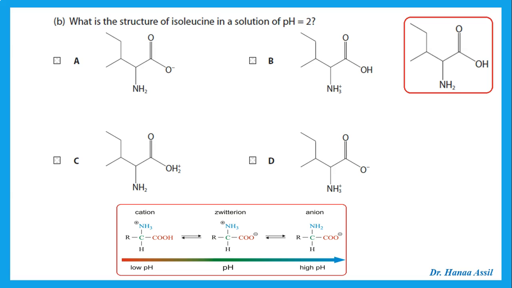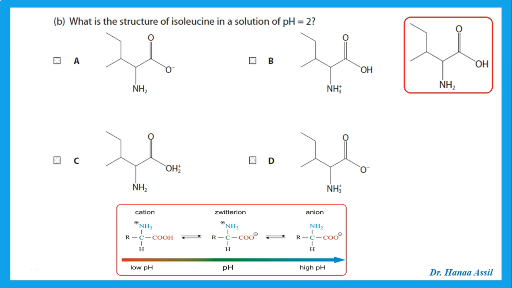Now what if we put it in pH 2? pH 2 of course is acid, low pH. Now in low pH, the acid part, COO minus, becomes COOH. And if we put a base in this medium, then the NH2 is now just NH2, not NH3 plus, and the acid part is a COO minus. Can we remember that?